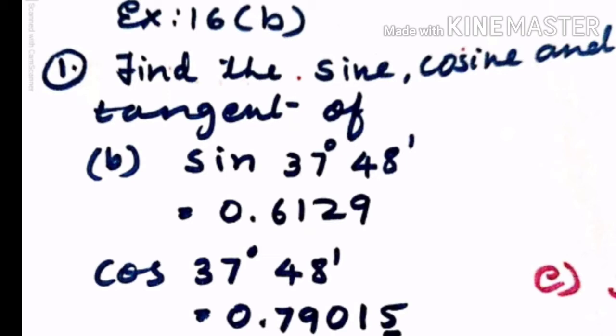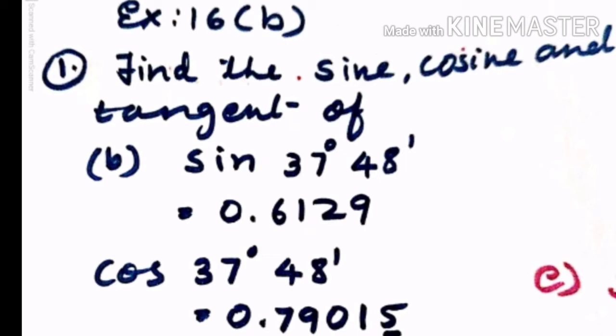Again, in the cosine table, 37 degree from the vertical first column, and in the same 37 degree line horizontally you have to check the 48 minute column, where the 0.79015 value is written, that you have to take.